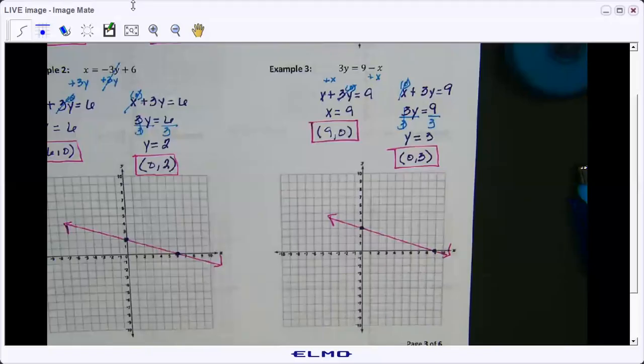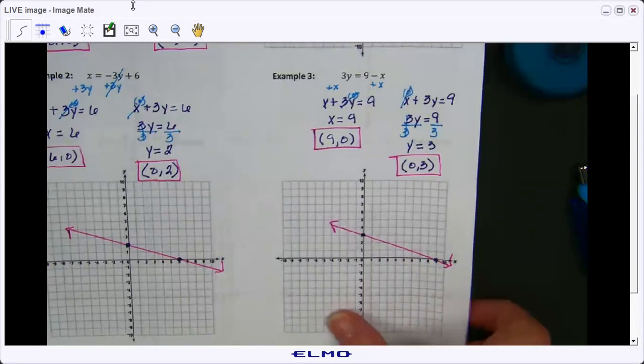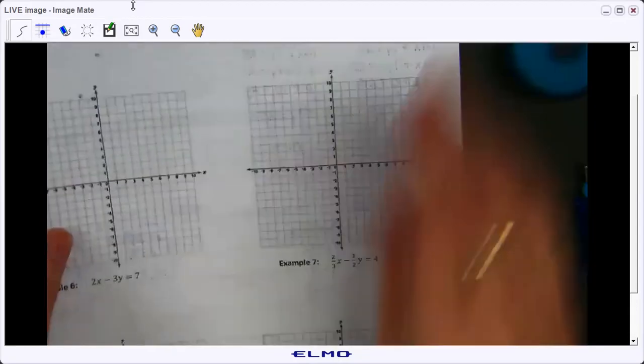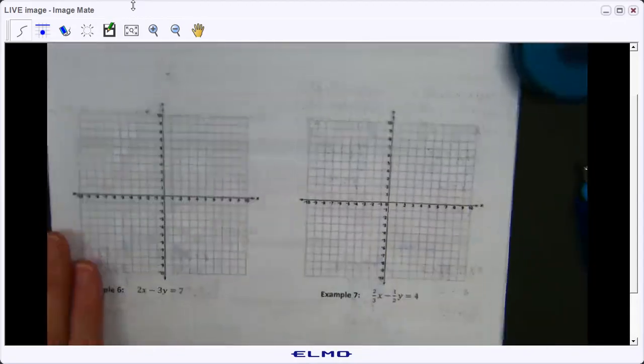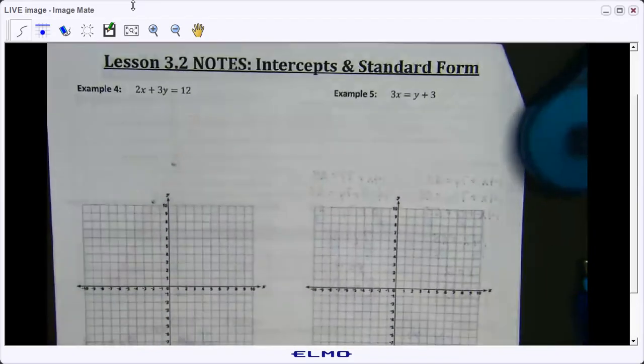Let's go ahead and go to the next page, page 4. So page 4 is more practice. And based on what I see on here, you should be able to do 4, 5, and 6 on your own. Not 6?